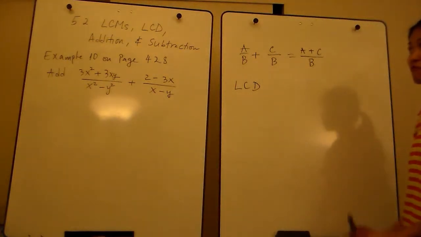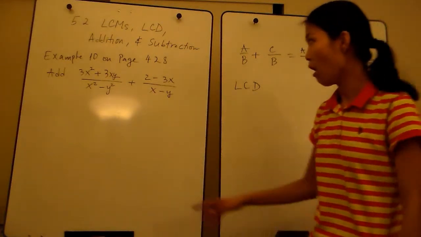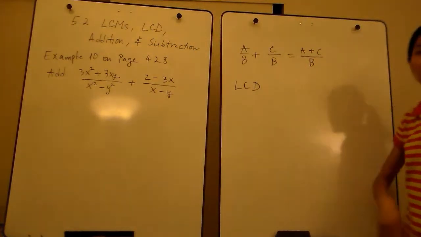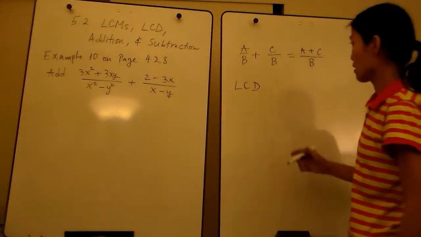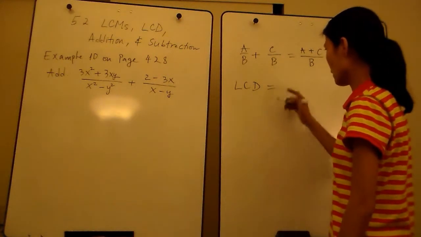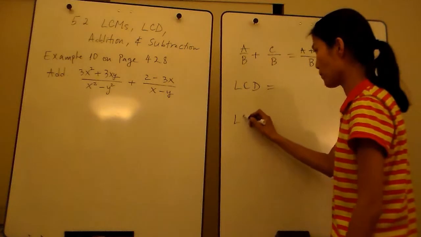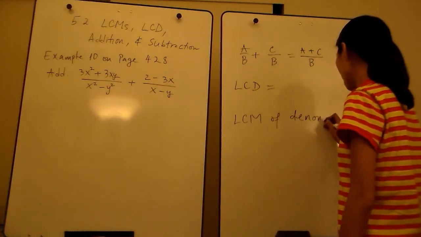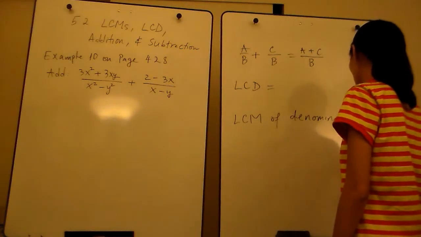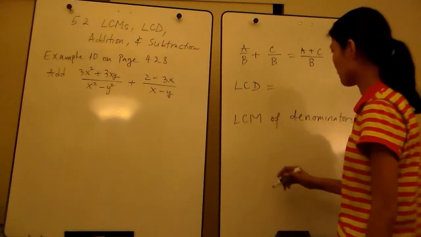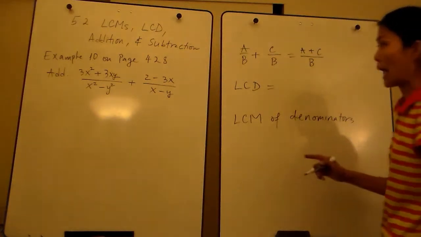So this time you just find the LCM of the denominators only. Then you have the LCD. So let's find the LCM of the denominators.